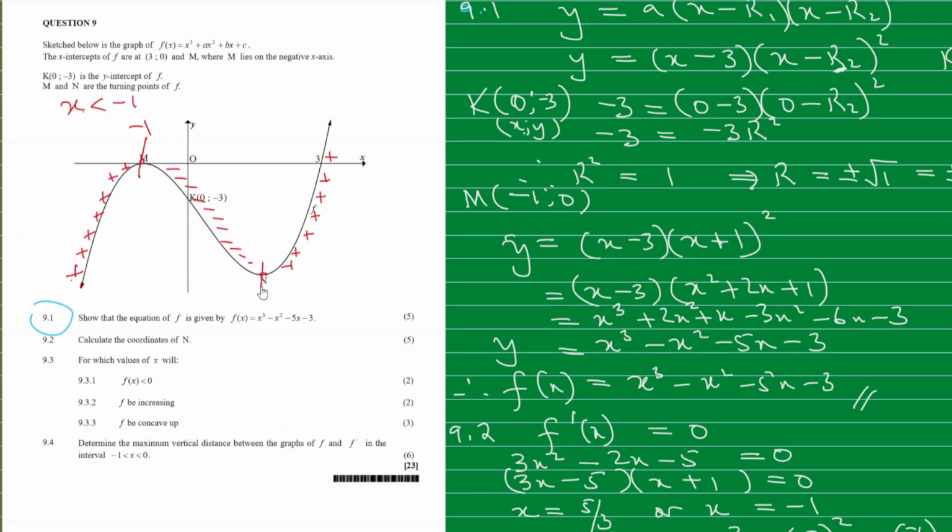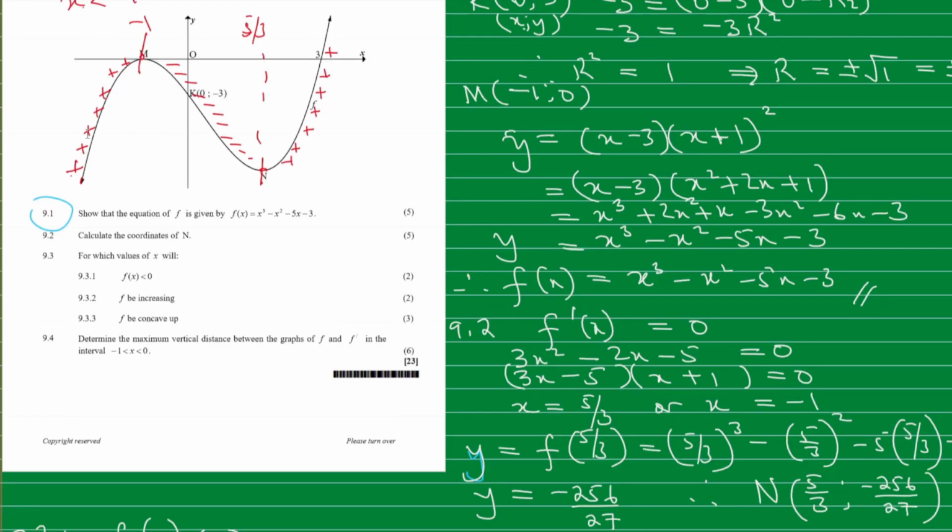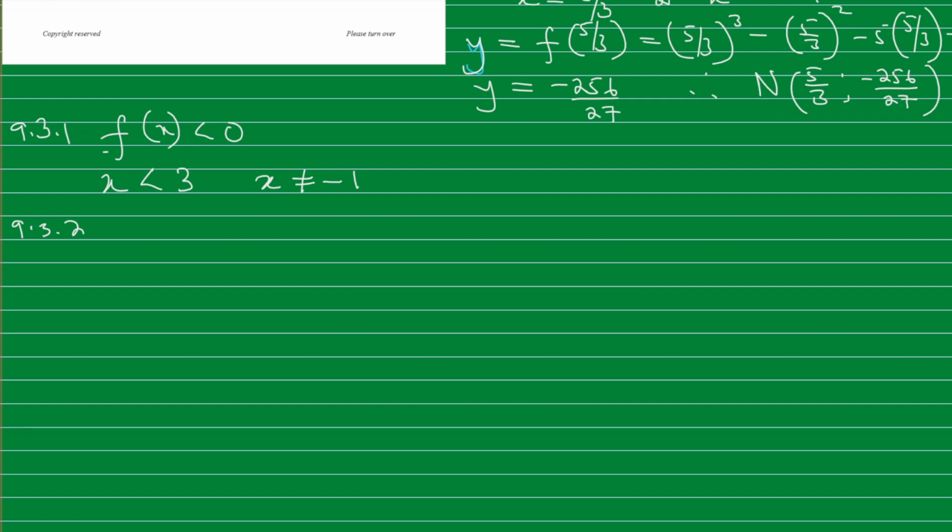And also from n, from this value here, which we have calculated earlier, 5 over 3, going above, that is x greater than 5 over 3, our graph is positive. So it is increasing on that section and that section. Therefore, our x should be less than -1 and x is greater than 5 over 3. That's where our function is increasing.